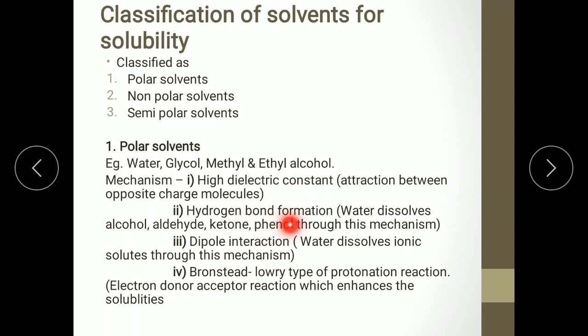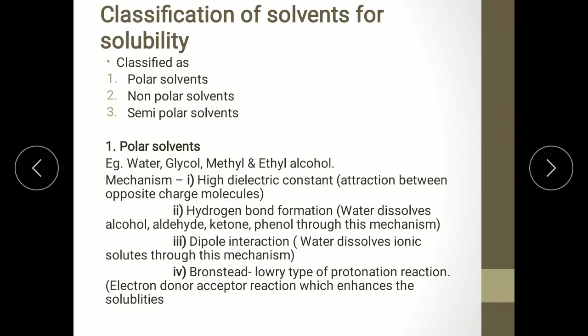Second one is hydrogen bond formation. Water dissolves alcohol, aldehyde, ketone, phenol through this mechanism. There is a bond formation between the hydrogen atom of the water molecule and the oxygen atom of alcohol or aldehyde or ketone. This hydrogen bonding also increases the solubility of the solute.